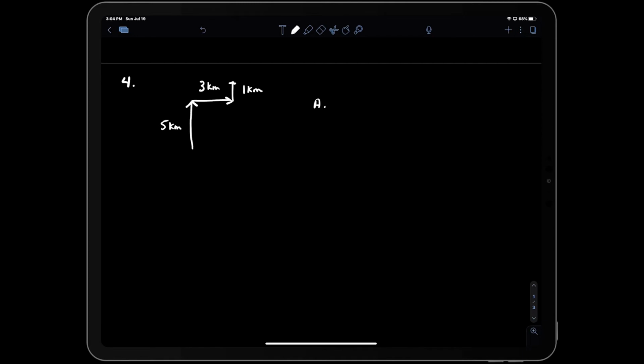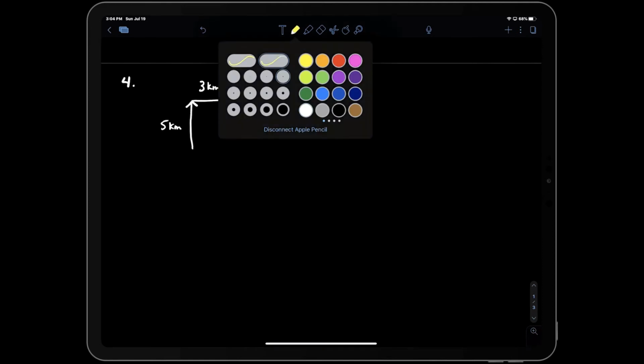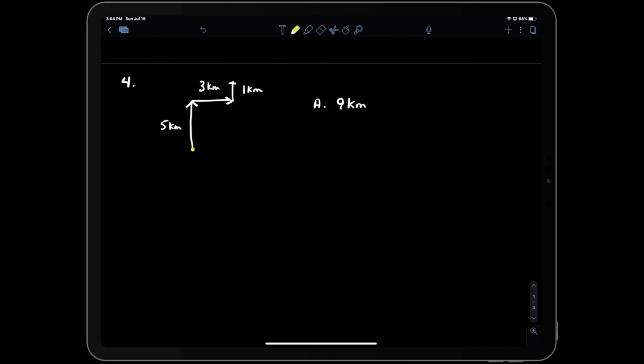So part A, our distance here, we have a total of 9 kilometers that she would have walked. But let's get to that question. What is the displacement? So she started here, she ended there. So we're just going to do a dashed line connecting those points. All right. We don't have a right triangle, but you can make one. So I'll come over, and then I'll come up like this, and I have my right triangle.